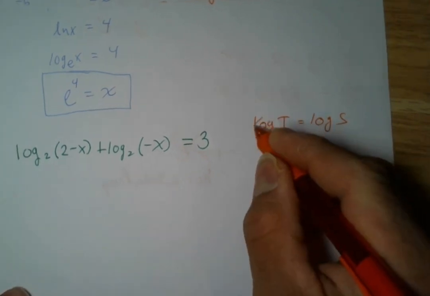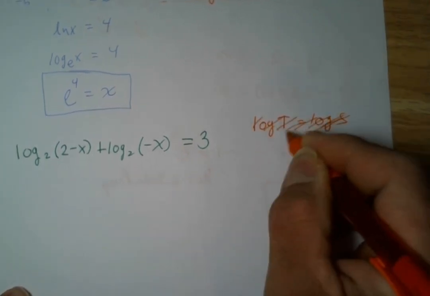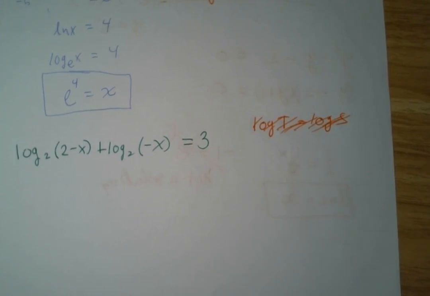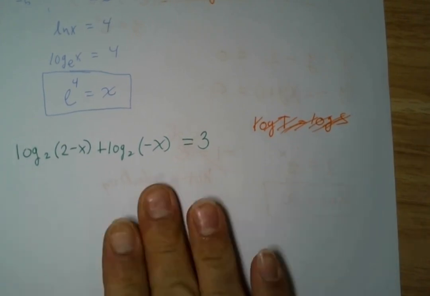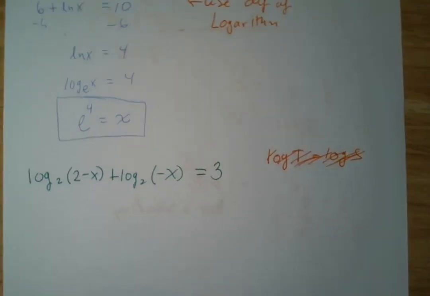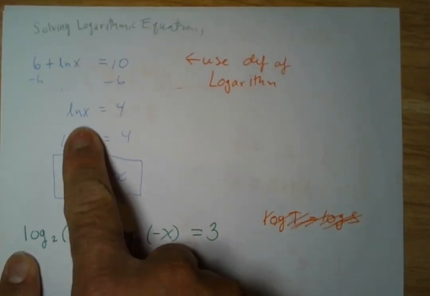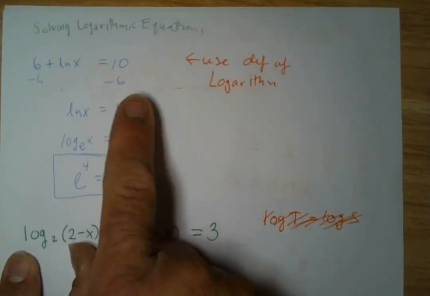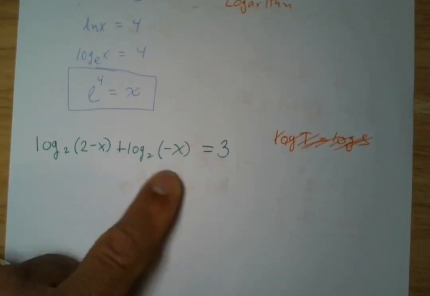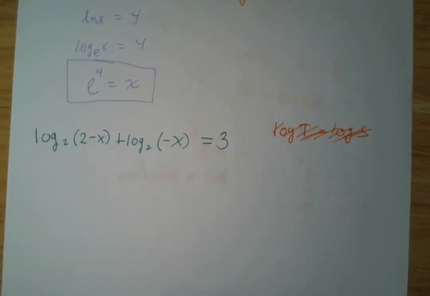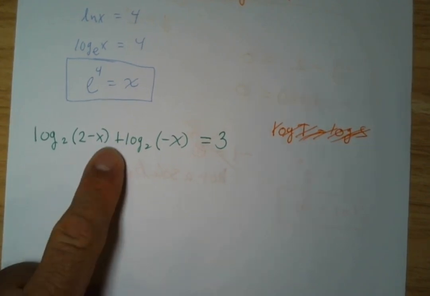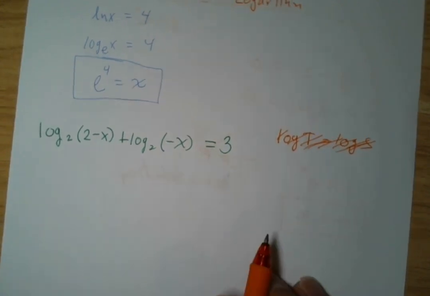Sorry, let's backtrack here. We're not going to quite use the one-to-one property here. We're going to still use the definition of a logarithm. But before we can do that, I want to make it look like this, where we just have one logarithm and then a number constant on the other side. So what I'm going to do to achieve that is use the product rule.